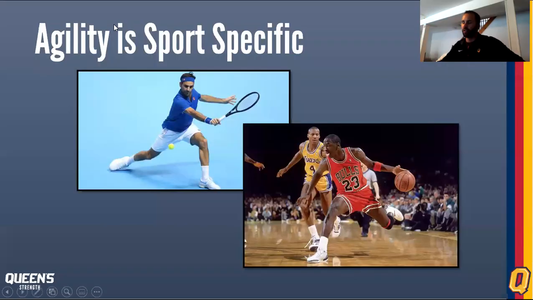So let me take this one step further. Agility is sport specific. Once again, I gave the example of tennis. Here's a really interesting thing about baseball players, and I'm going to get the exact quote wrong on this, but basically baseball players are in the 95th percentile of vision in the world, mainly positional baseball players, not necessarily pitchers.